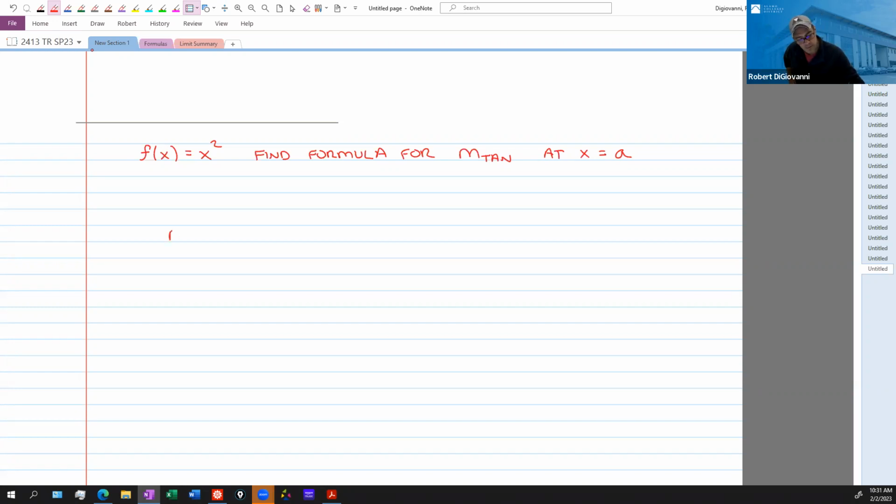So I write down what the definition is for the slope of the tangent line. It's the limit as x approaches a of f of x minus f of a over x minus a, which for us here would be the limit as x approaches a. See, I'm not replacing a with anything. And now, what is f of x?